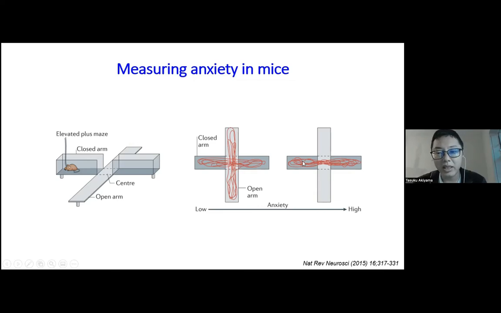So by measuring the time in the open arms, we can evaluate anxiety in mice. For example, if a mouse spends a short time in the open arm, that means the mouse has anxiety.